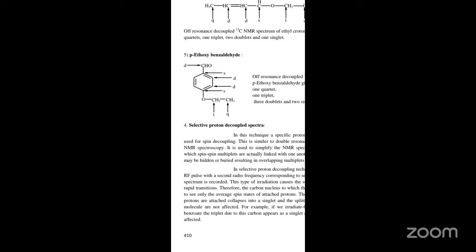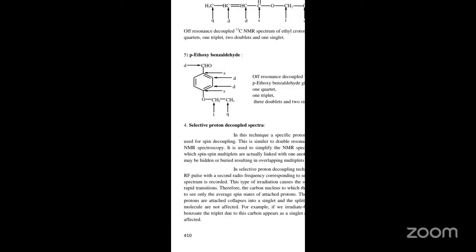And then the ipso carbon appears as a singlet because there is no proton directly attached to that carbon here. The ortho carbon appears as a doublet, same as the meta also, because it is attached with one proton. Then the para carbon appears as a singlet here.